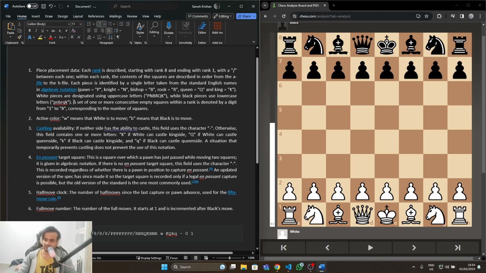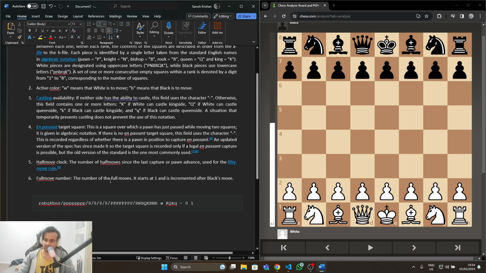Anyway, a set of one or more consecutive empty squares within a rank is denoted by a digit from 1 to 8, corresponding to the number of squares. You could write 0 for an empty square, because that's nothing, but then you would need to write 0 0 0 0 0 0 0 0 for 8 empty squares. A lot of the squares on a chessboard are empty, so this wastes a lot of space.